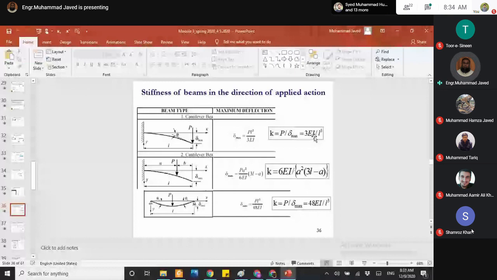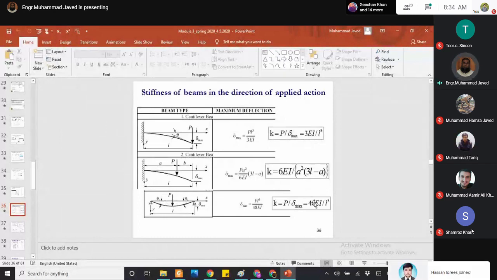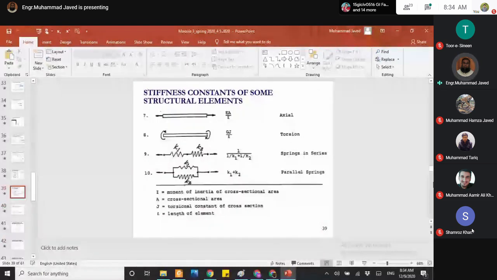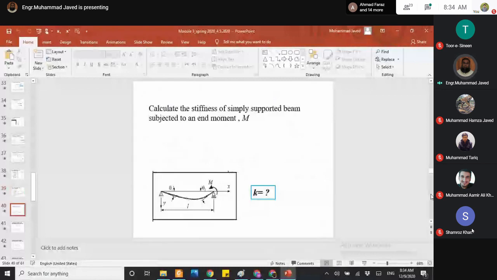If you have a simply supported beam with a point load acting at the middle length, stiffness is 48EI over L cube. तो ये आपको याद रखने होंगे क्योंकि आगे प्रॉब्लम में ये काफी यूज होंगे.